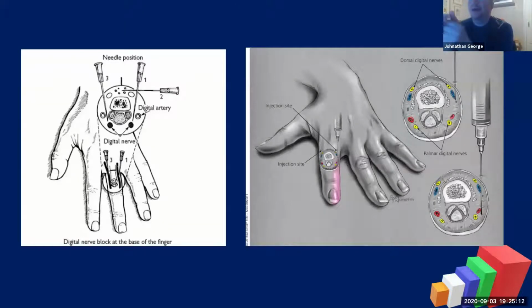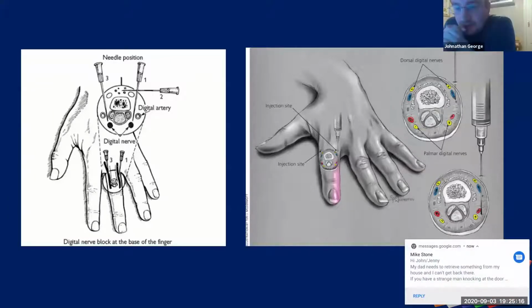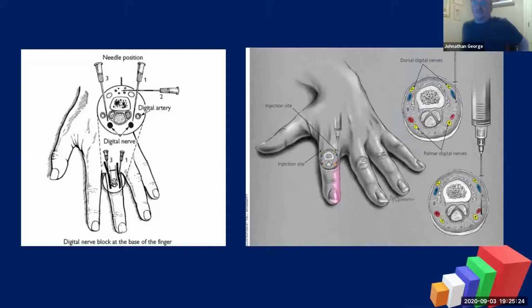Yeah. And somebody else is asking, could you give some landmarks for MC block, and is there a volume difference? Metacarpal blocks volume tends to be reasonably similar. I would do about 1.5 to 2 mils when I'm injecting into the metacarpal.